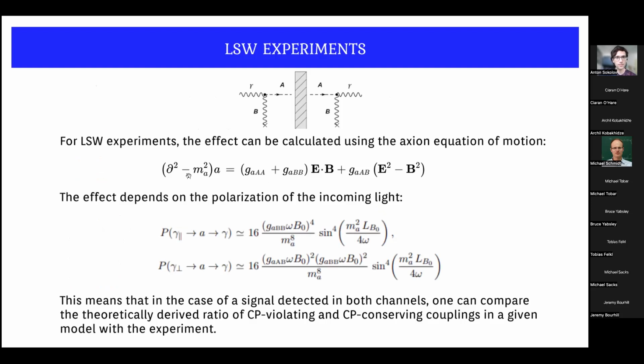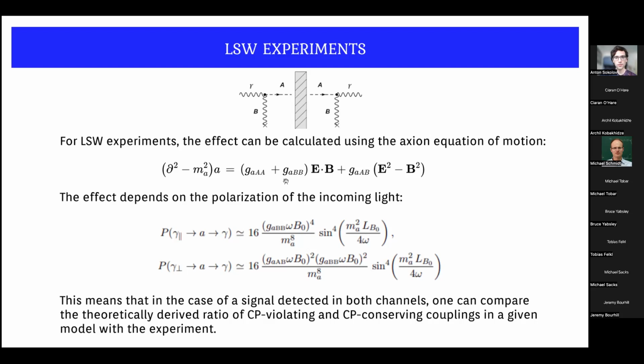In the end, let me just mention that in light shining through wall experiments, we can also probe the AB coupling, because we have control over the initial polarization of the photon.